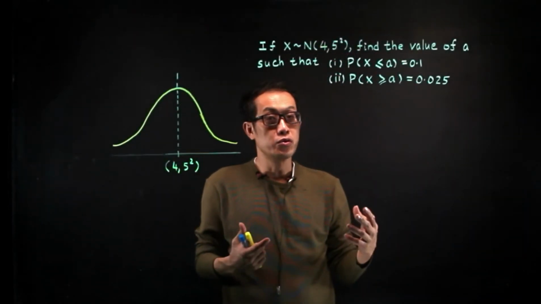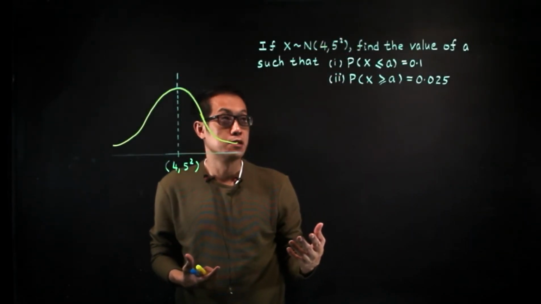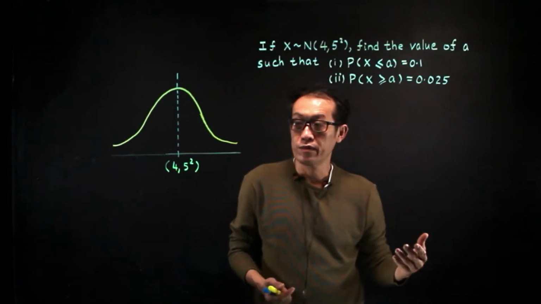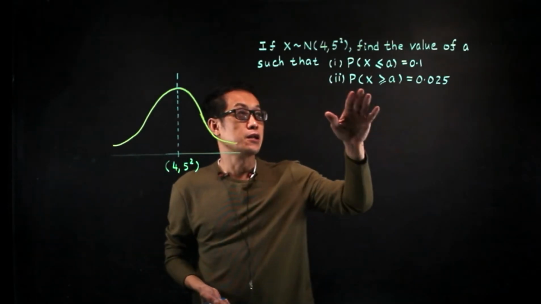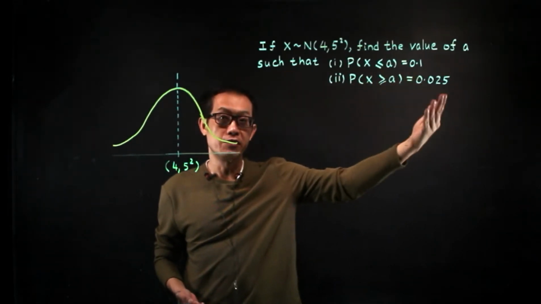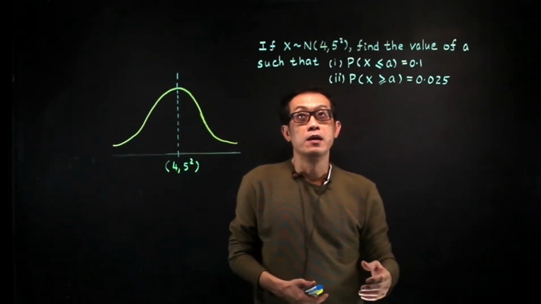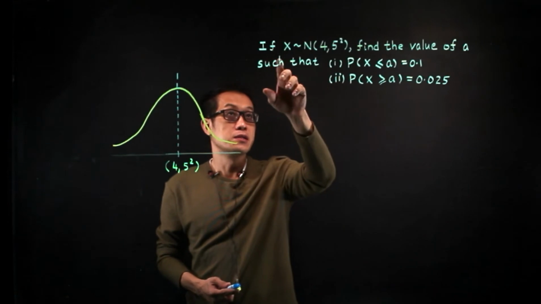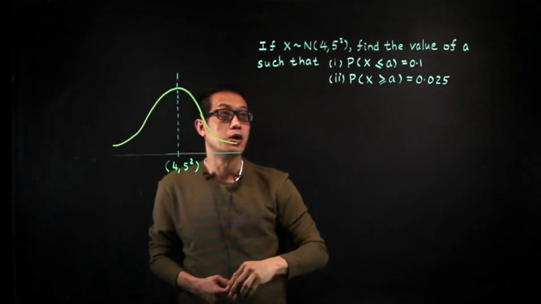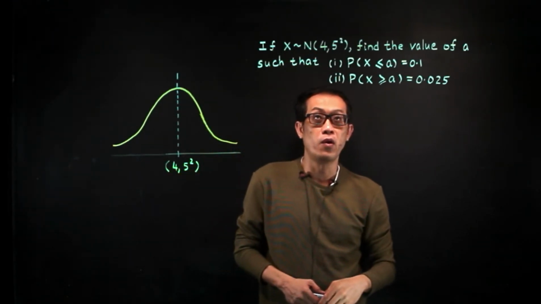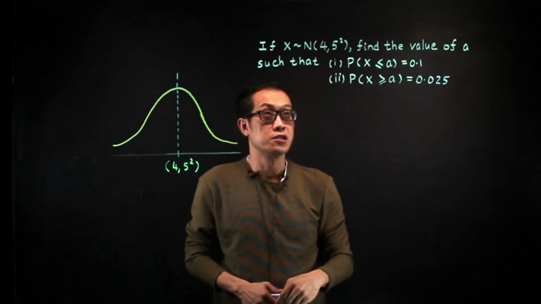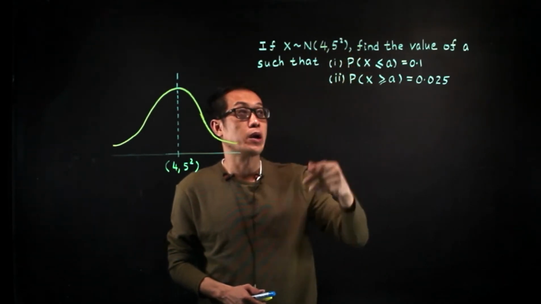We will learn how to use the inverse normal function to find the value of the data if we are given an area or probability. Now in this question, the random variable x has a normal distribution of mean 4 and standard deviation 5, or variance 5 squared.